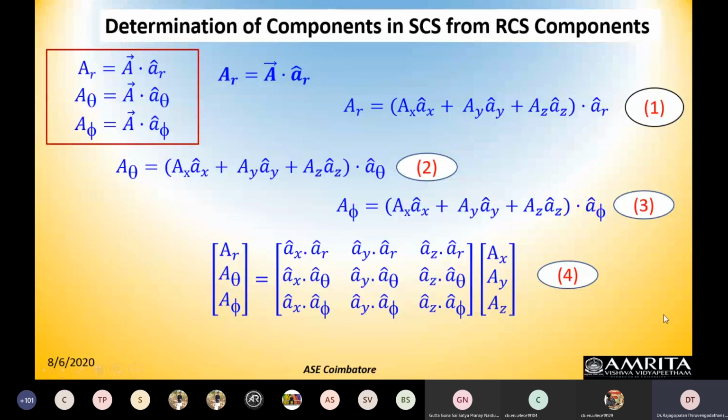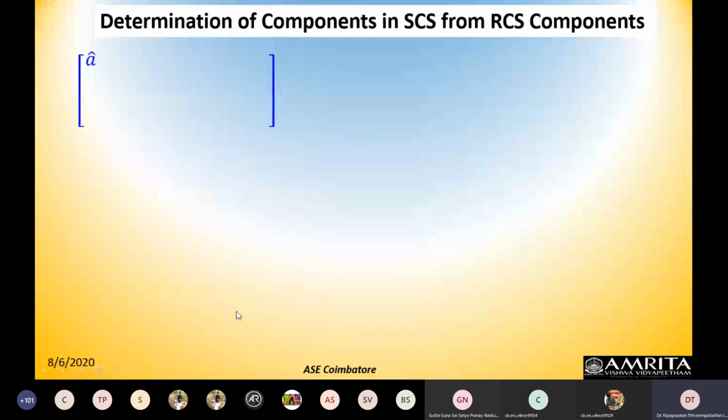So I substitute 5, 3, 4 over here. If I know the dot product relationship between the unit vectors in the two coordinate systems, then I can get the components in r, theta, phi in this fashion. And here is how it is done.